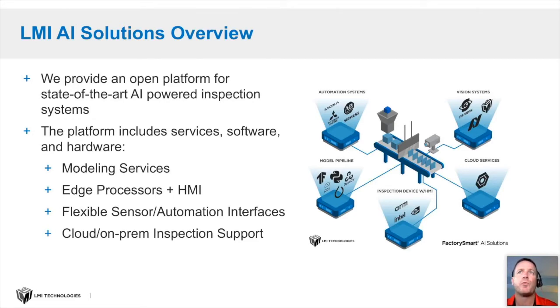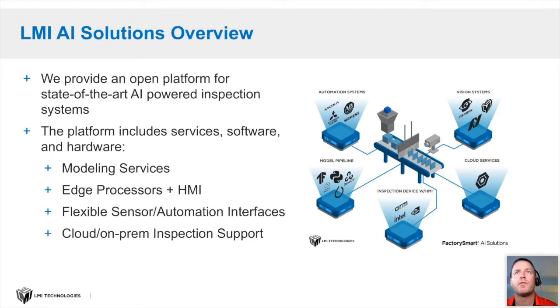The lower 3 pieces in this diagram represent the services and software that LMI makes for AI-based inspection. So from left to right, the model pipeline development service is something that we do for our customers, and what that means is that we work with customers to develop model pipelines using mostly open source software technology.